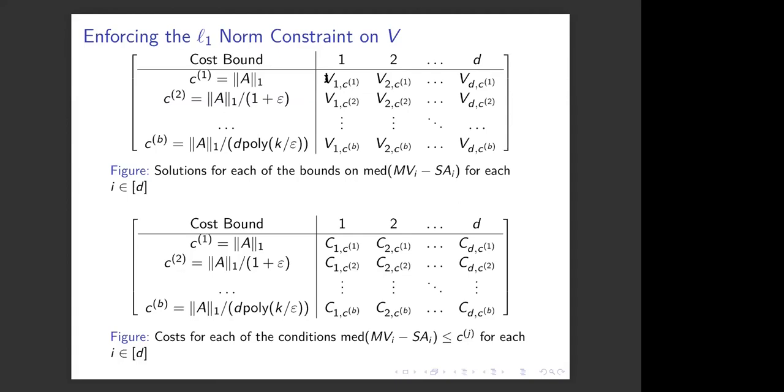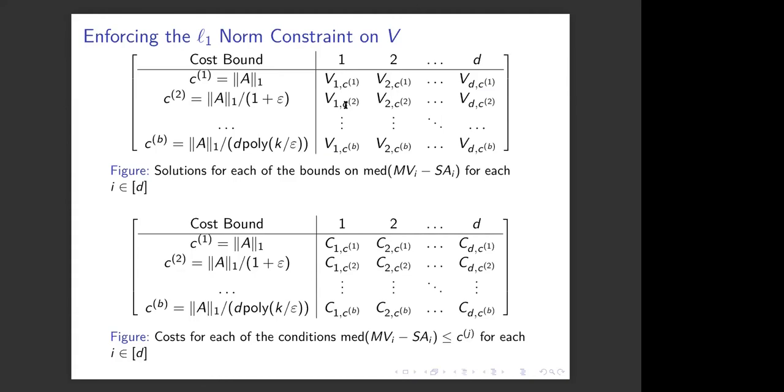That means when we look at the fractional solution, that fractional solution gives a probability distribution for each column over all of these cost bounds, right? So for each column, we can just sample a cost bound according to that distribution. And with good enough probability, we know that both the cost constraints and the norm constraint are met.